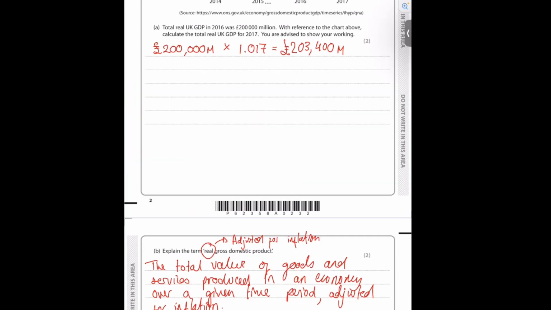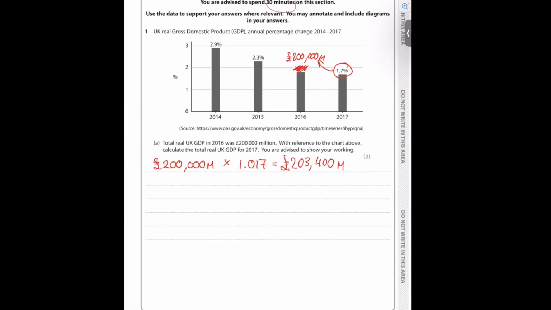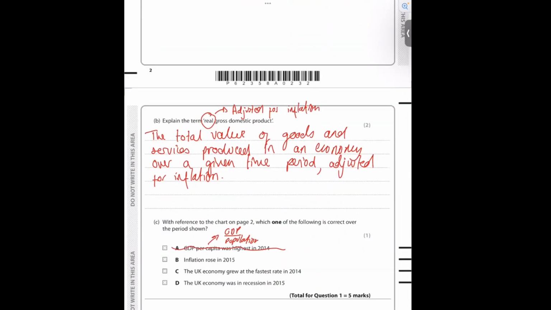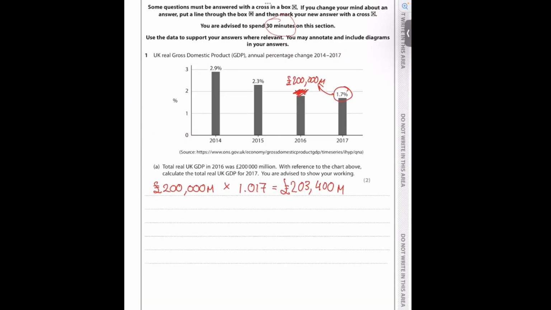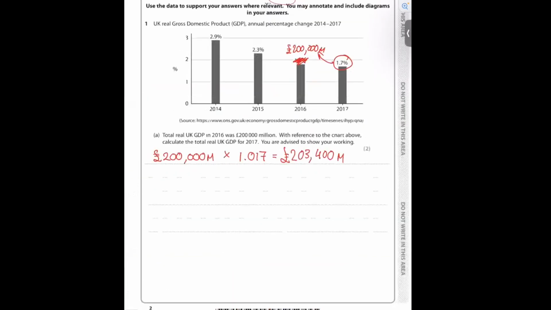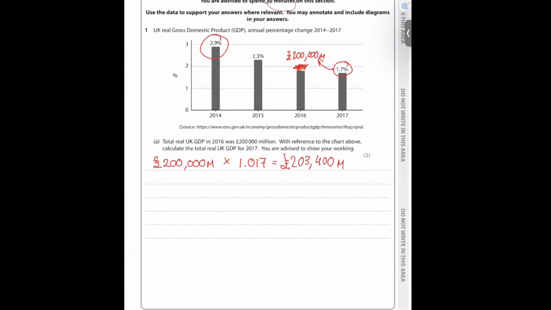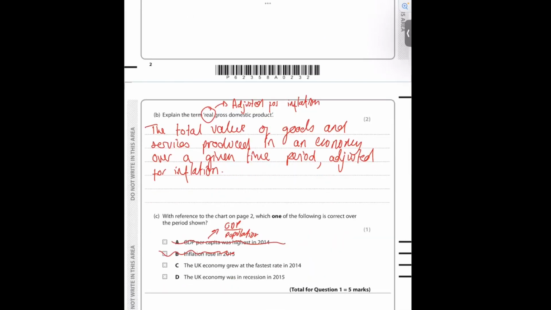Inflation rose in 2015. Again, we can't know that because there's no inflation data. The UK economy grew at its fastest rate in 2014. Yeah, that looks like it's the correct one because you can see it's 2.9%, and then every other year is falling. In the UK, we don't know that. We can't see that. So for me, the answer's got to be C.